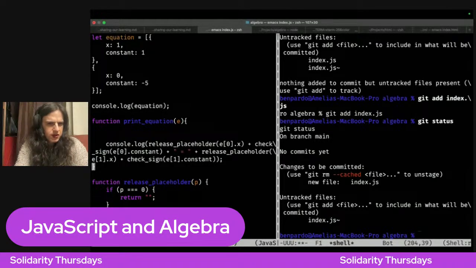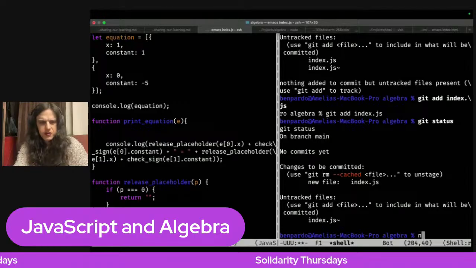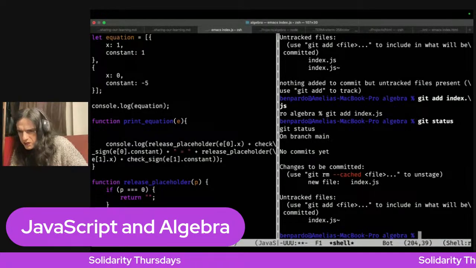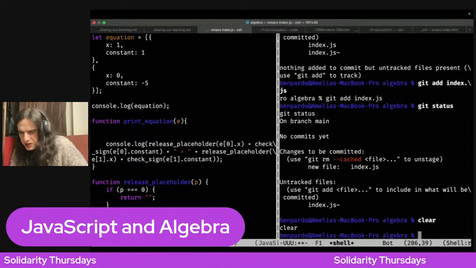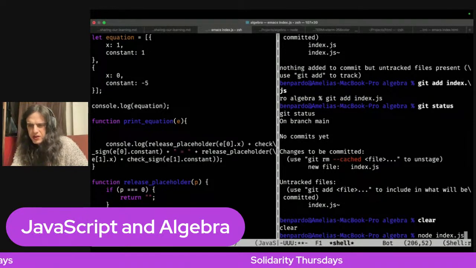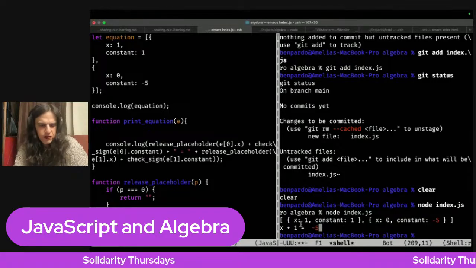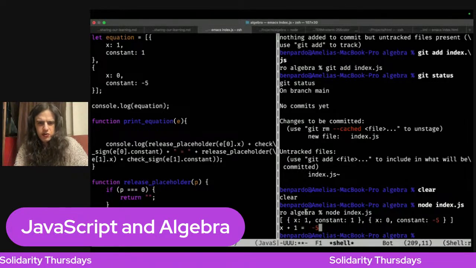And just to give you a sense of what this does, if I type in here, let's see, if I type node index.js, if you're in the audience, feel free to share what you notice.